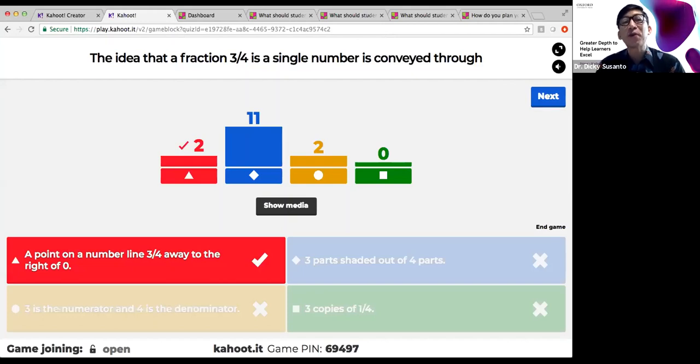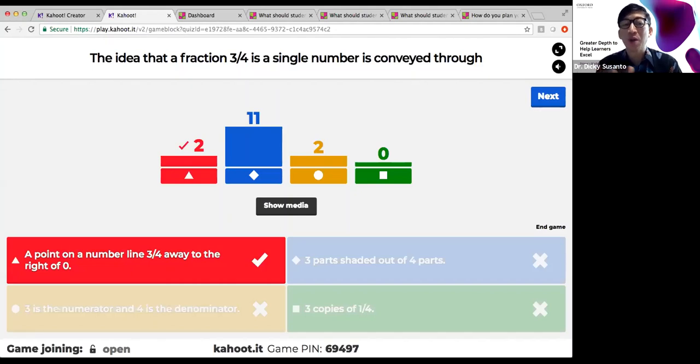They see 3/4 as 2 numbers. There's a 3, there's a 4. The 3 is shaded, 4 is the number of parts. But what we need to get students to see is actually 3/4 is a number. And how do we do that? It's shown on the number line, because a point on the number line shows that it is a single number, not 2 different numbers.